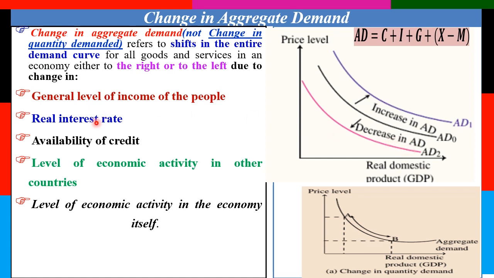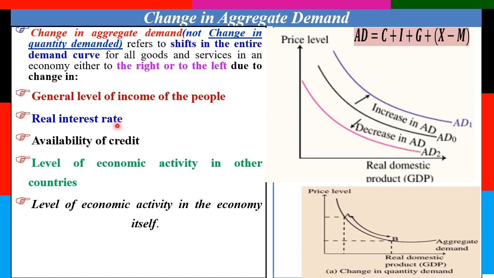The second factor that causes the aggregate demand to shift is real interest rates, positively or negatively. If the interest rates increase, real GDP decreases. So this black line shifts inward. Shifting aggregate demand inward or to the left means a decrease in the aggregate demand.